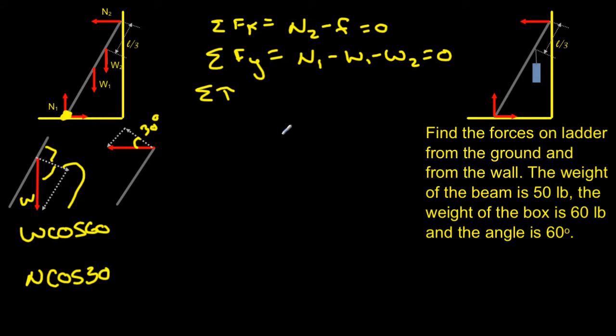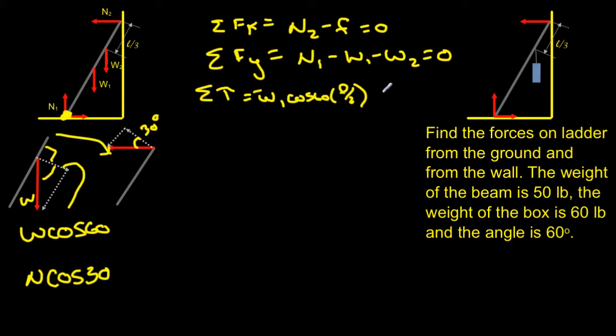So our first one going up from there is going to be W1. So we'll go down to here. It'll be W1 cosine of 60 times the displacement, so W1 cosine of 60 times L divided by 2 because we're halfway up the board. This will be a negative because it will cause the object to rotate in a clockwise direction.